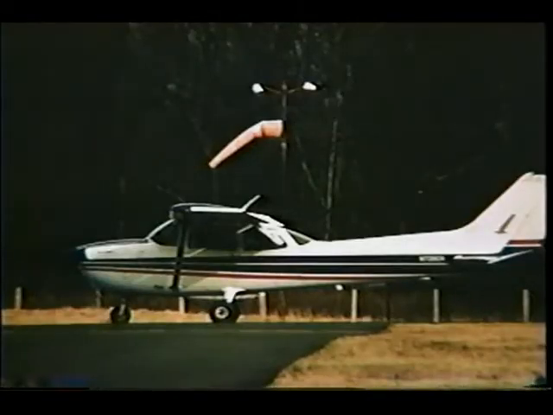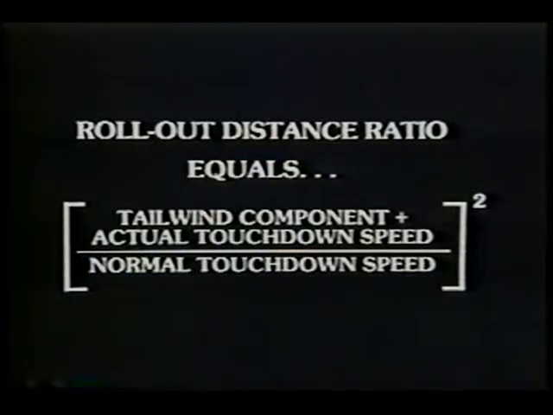On the other hand, a tailwind can have a significant impact on your landing rollout distance in an adverse way. Again, you should consult your POH. However, landing with a tailwind has the same effect as carrying excess airspeed on final. It compounds your landing rollout distance by the square of the ratio of your tailwind component plus your actual touchdown speed over your normal touchdown speed.